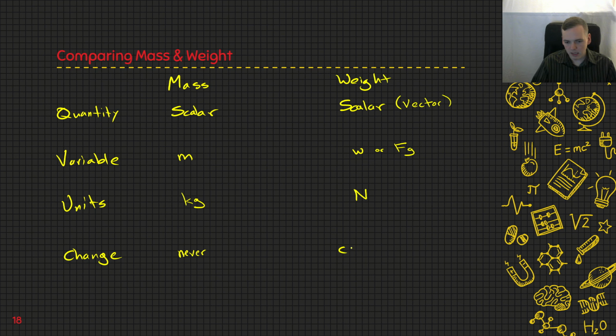However, weight can change if you're moving away or towards a planet or a moon or something, because as we saw before, the gravitational force gets stronger as you move closer to an object. It gets weaker as you move away, so therefore your weight also gets stronger as you move towards the Earth, weaker as you move away.